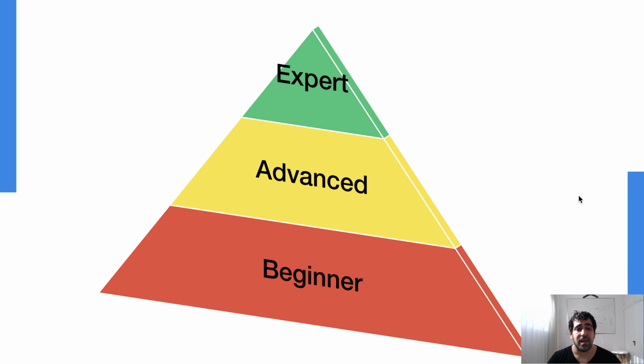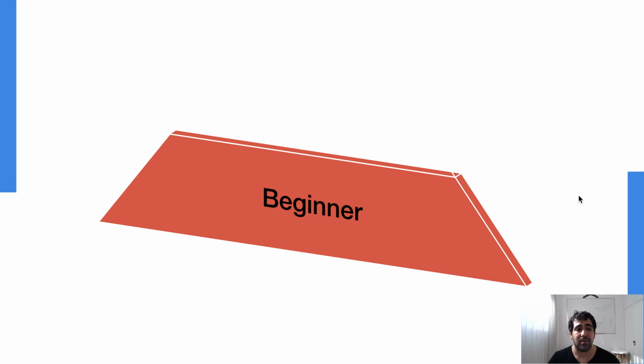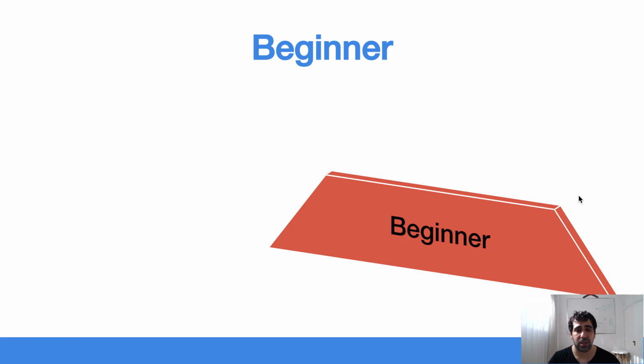Then we're going to be touching on advanced strategies to run your Facebook ads, and finally expert strategies. This is kind of the long-term implementation of what you need to focus on when you are really looking to scale and invest more into advertising on Facebook and Instagram. So let's get started with the beginner section.